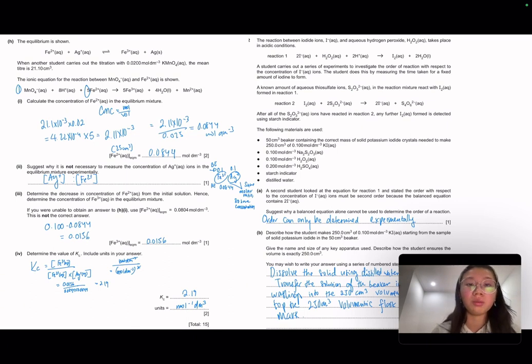So 0.0156 divided by 0.0844 squared, and you have the value 2.19. And for the units, the units for concentration is mol per dm³, so mol per dm³ over mol per dm³ squared, you get per mol dm³.